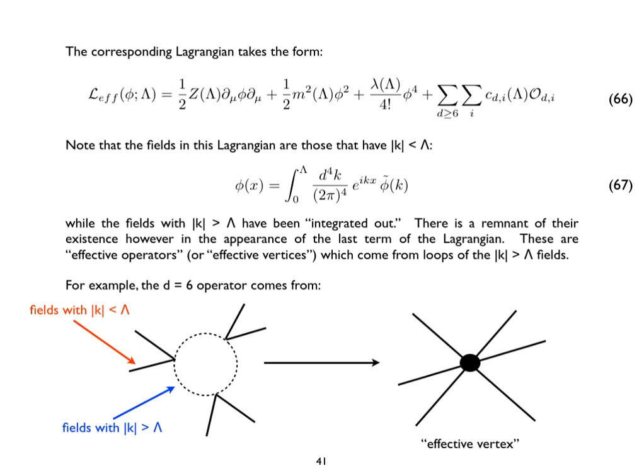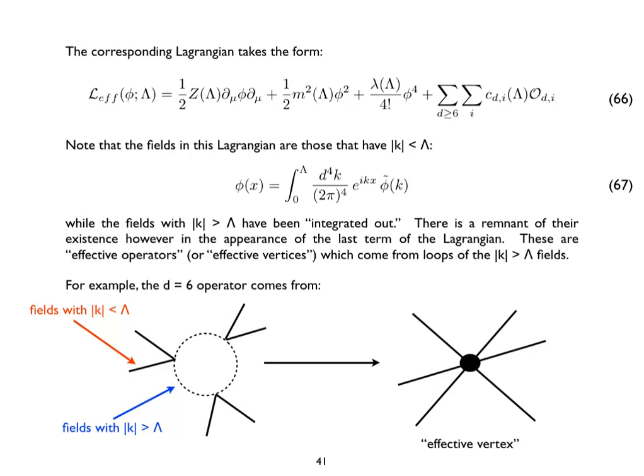What you typically say when you see an effective Lagrangian like this, with some phi to the fourth or any theory, and then it has some dimension 6 or higher operators, is that you had some fundamental theory at high scale, and this describes effectively the theory at a low scale, but in going from the high scale to the low scale, you've integrated out these heavy particles, the particles that have the momenta larger than lambda, the modes of these fields.